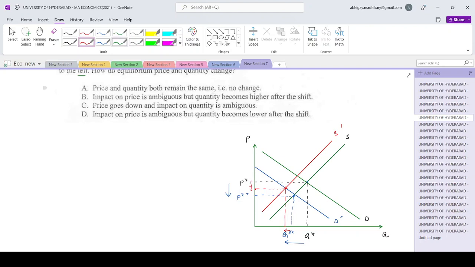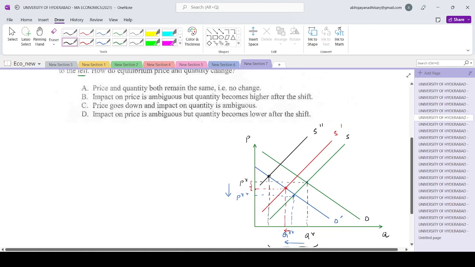If the supply curve had shifted farther than the demand curve, maybe in a situation like this, let's say S double dash, then this would have been your equilibrium, and quantity would have fallen by a much larger amount, but price would have actually increased, right?